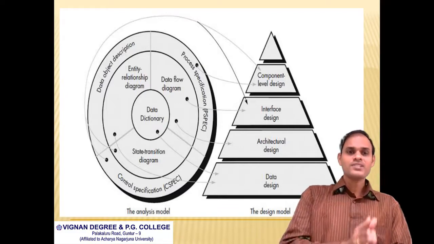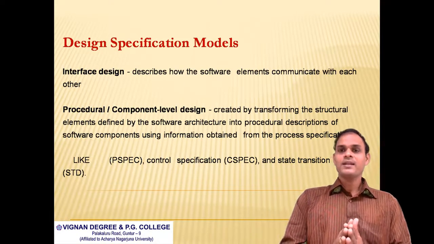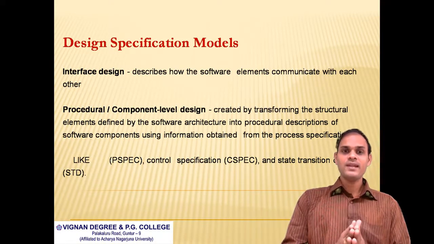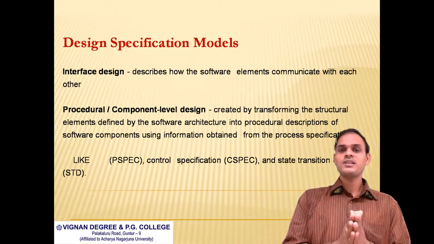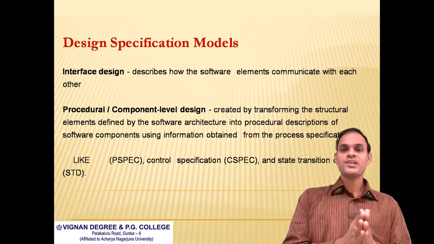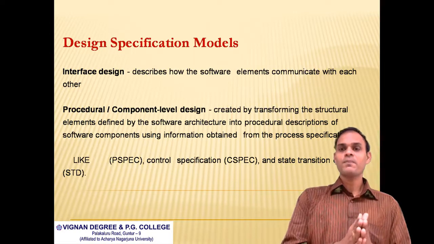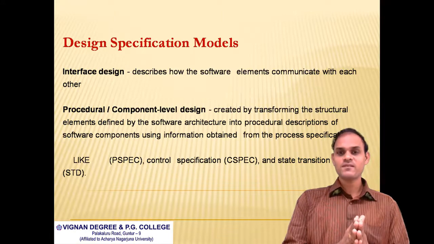Coming to the next one, procedure or component level design. It is created by transferring the structural elements defined by the software architecture into a procedural description of the software components, using information obtained from the process specification. PSPEC means process specification, along with the control specification and state transition diagrams.